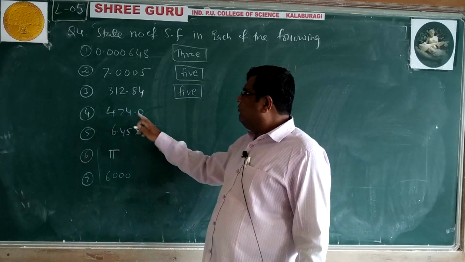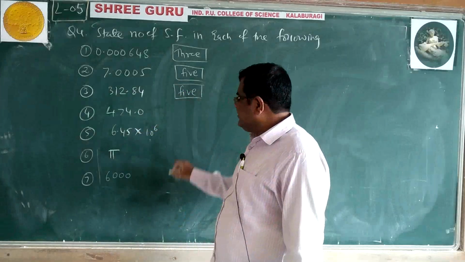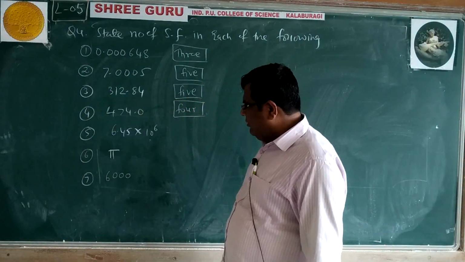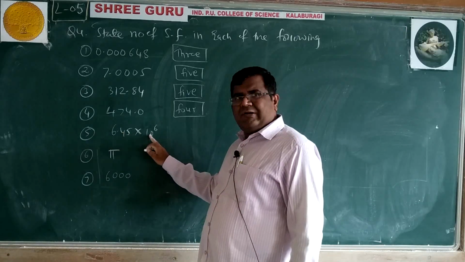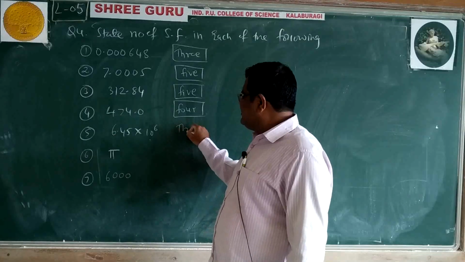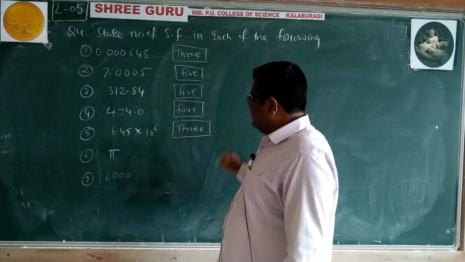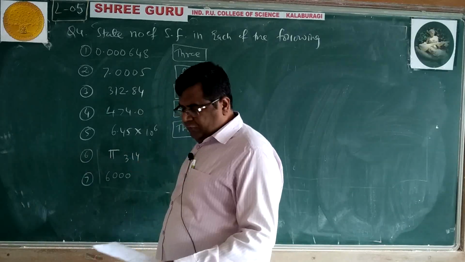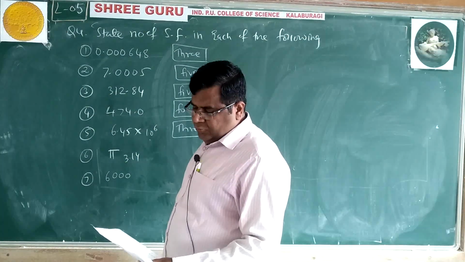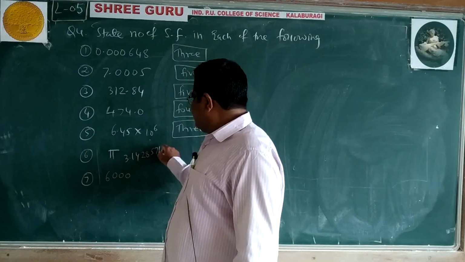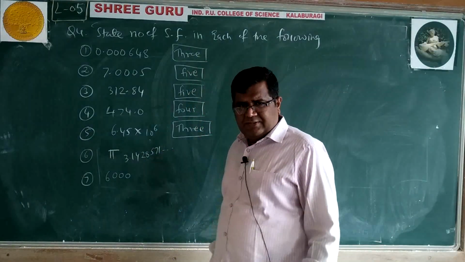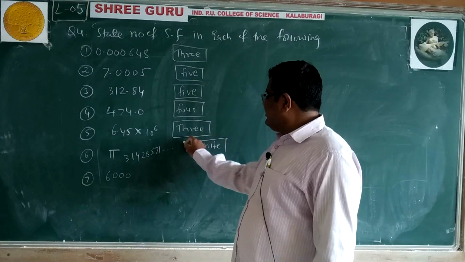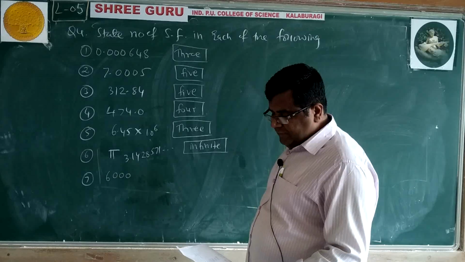Then this 0 which is to the right of the decimal point is significant, so this is 4. We should ignore the exponential part. 1, 2, 3 is there, so it is 3. And if you look at the pi value, it is 3.1428571, and you can increase to any number of digits here. So we can say it has an infinite number of significant figures.